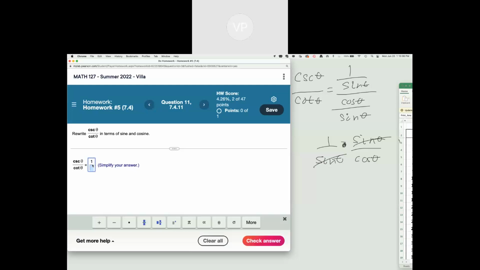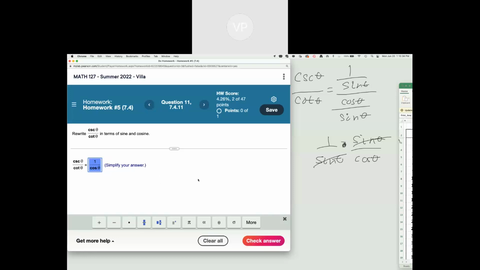Now, some of you may look at it and say, well, wait a minute. I know that is the same as secant. And that is true. If you called this secant of theta, it would be right. Okay, I just looked to see if that was a shortcut there, but it's not. It is the same as secant of theta, but that is not what they asked.